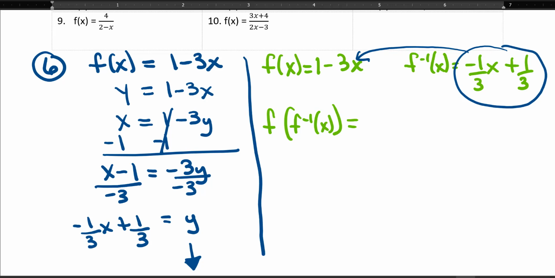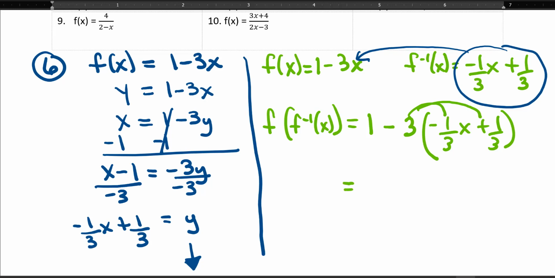So we're saying 1 minus 3 times, and where we see x, we're going to substitute negative 1/3 x plus 1/3 into this equation. And then let's see if these functions are inverses of each other. Our goal is to have x as the answer. So let's take this negative 3 and distribute.